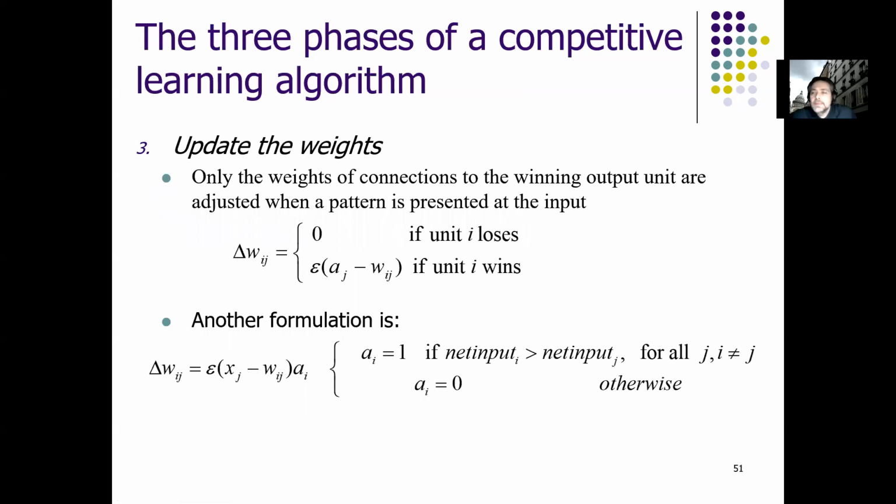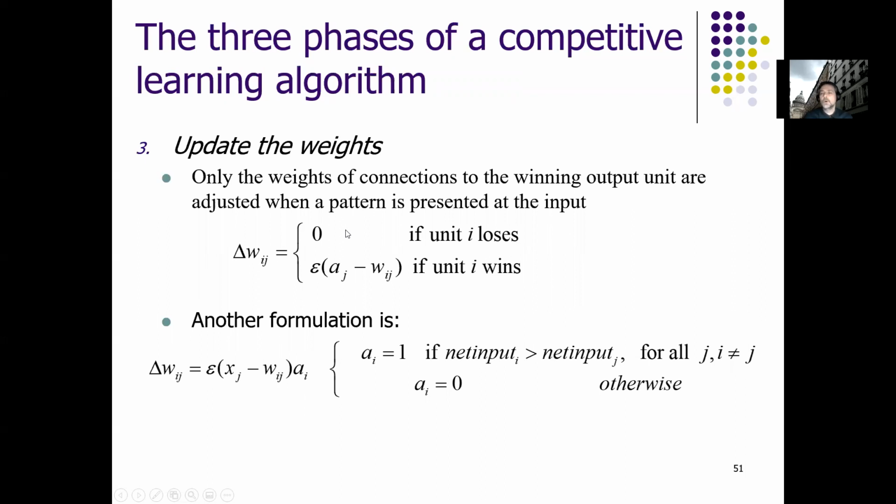And then we have the update of the weights, like normally happens. And again, there are different formulations for doing this kind of update. You can see here 2 ways one could do it. The weights of the connections to the winning unit are updated using this kind of formula. If the unit wins, then you follow this rule and you update the weights. If the unit loses, then you have to put a 0.